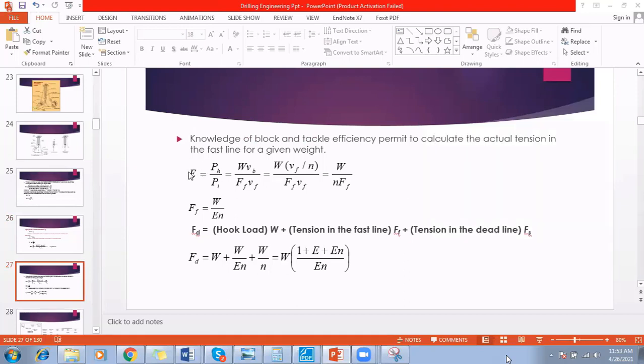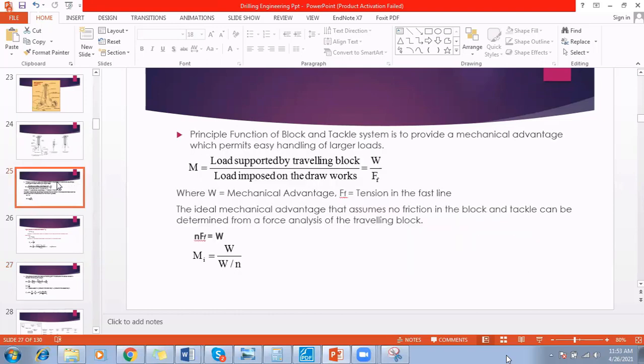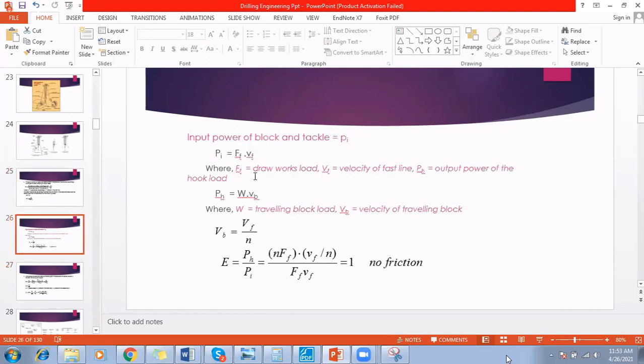Now this was the relation for the block and efficiency of the block and tackle system. So now we are just making replacements. We have discussed before that Ph, here you can see that we have discussed this thing. Where is it?